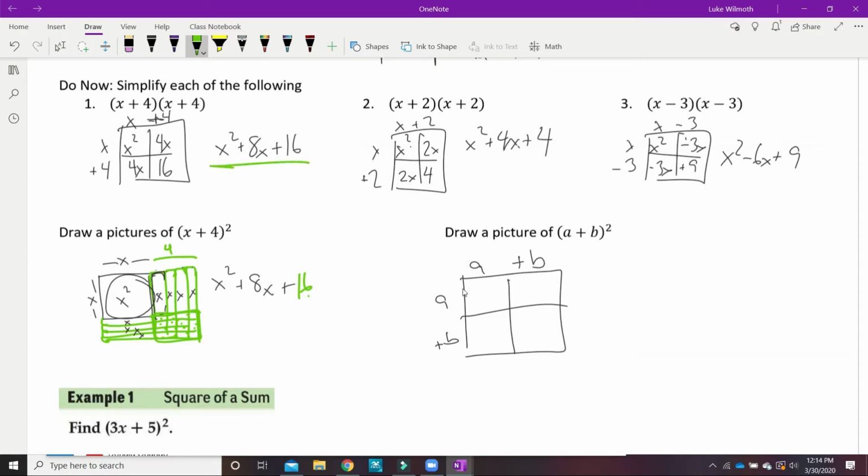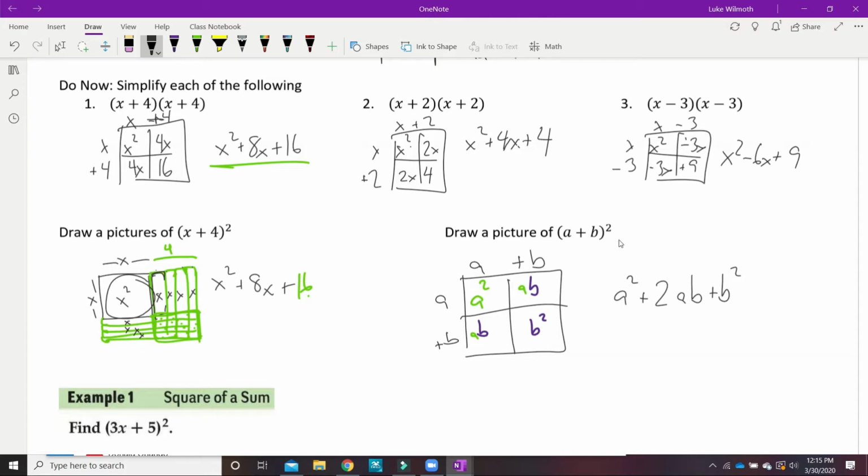If I do a plus b squared, I've got a square of a, I've got a square of b, b times b, and then this one here is a times b. So we're going to notice a pattern here. We're going to have a squared plus 2ab's plus b squared.